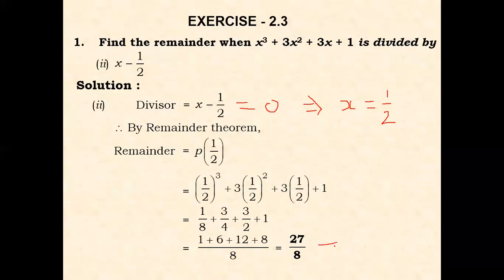That's not equal to 0. This is the remainder, and we say x minus 1 by 2 is not a factor of this px, because we have got a non-zero remainder. So I'm clearing your concept of factor theorem also, because factor theorem is dependent on remainder theorem.